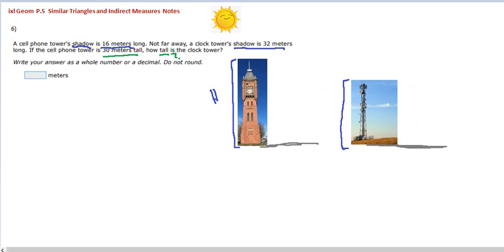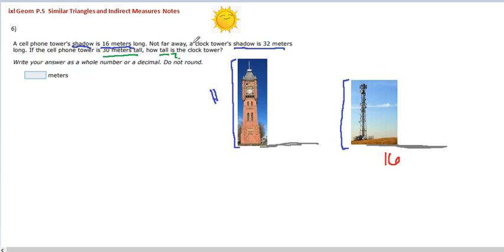Okay, so let's just fill in what we know. Let's use red. The cell phone tower, which is this one here, the shadow is 16 meters long. 16. Okay, so this is the cell phone tower.